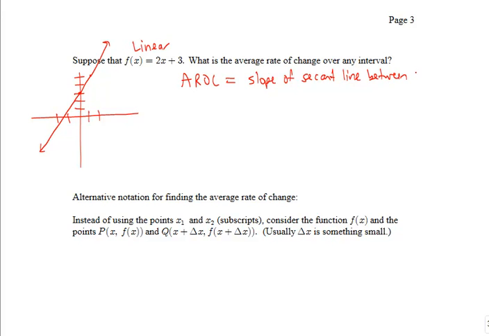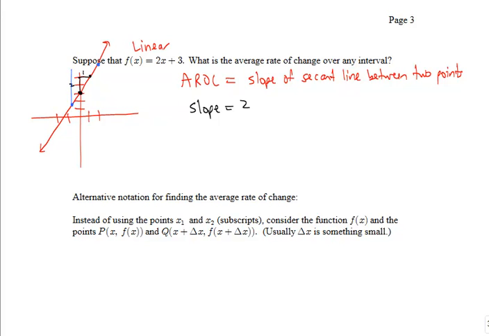So let's take a look at 2 random points. Let's say that I pick this point here and this point here. What's the slope between those 2 points? Well, I'm going up 2 and over 1. So my slope between those 2 points is 2. Now what's going to be my slope if I had picked 2 different points, say here and here?